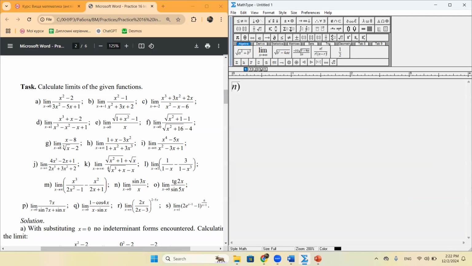So moving next to the exercise n, and here we have another limit. So x approaches 0, sine of 3x divided by x. We have the next indeterminate form, 0 divided by 0. So how to solve it? Any ideas?